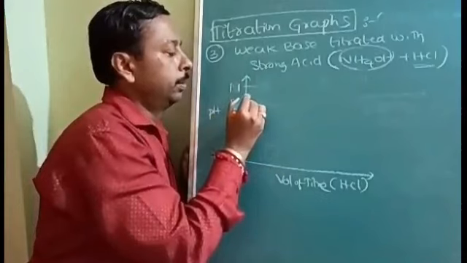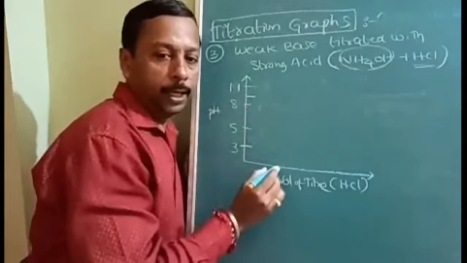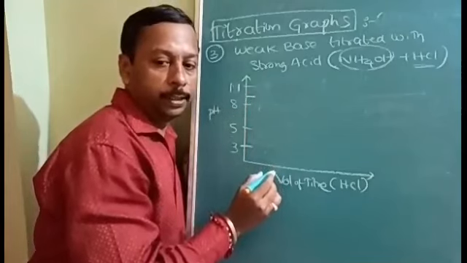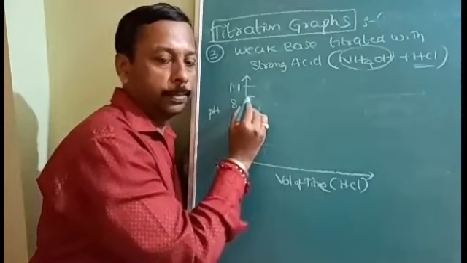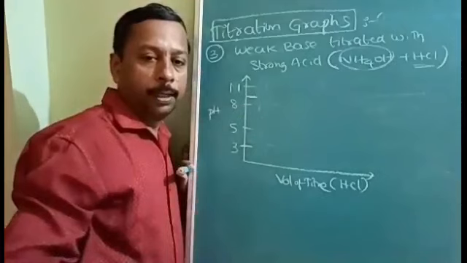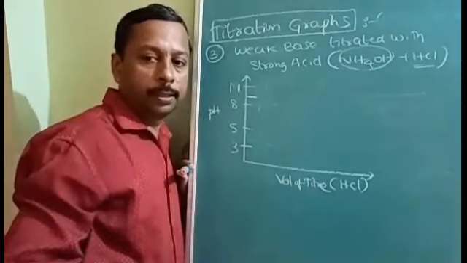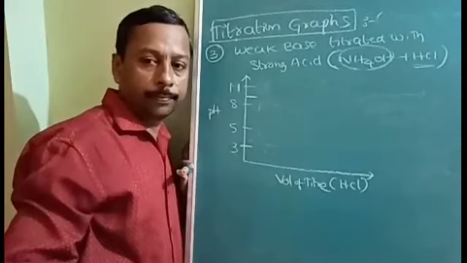Okay. Now let us take the graph is started from here. Now if I keep on adding the HCl, what happens? pH will increase or decrease?